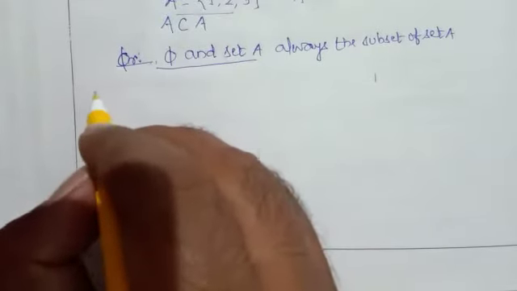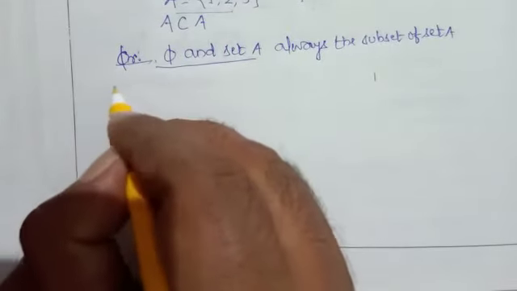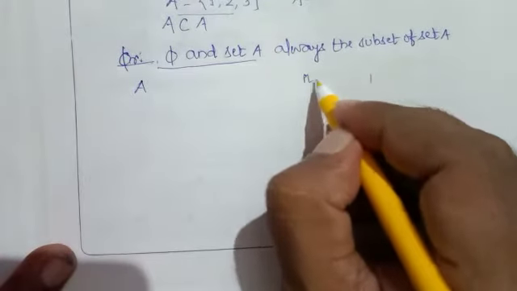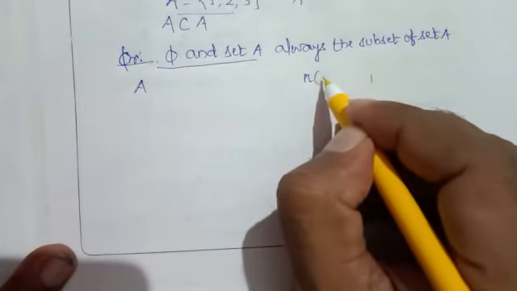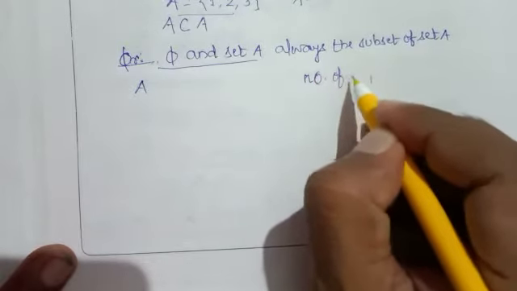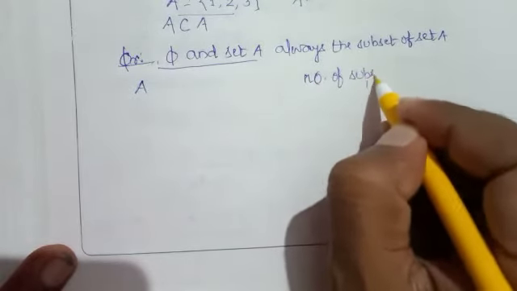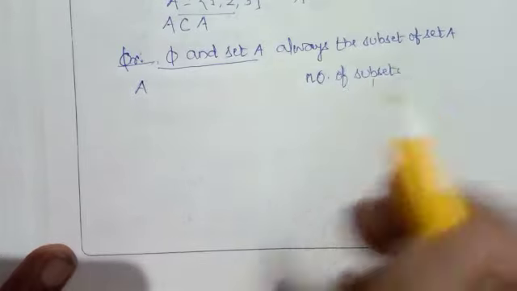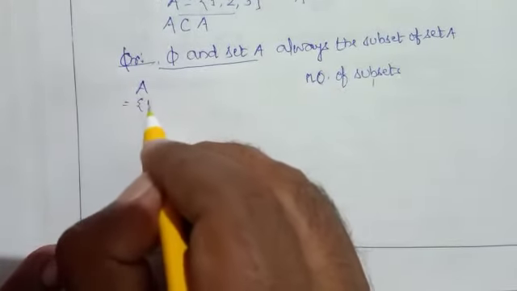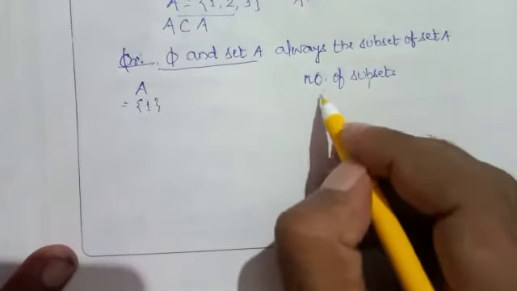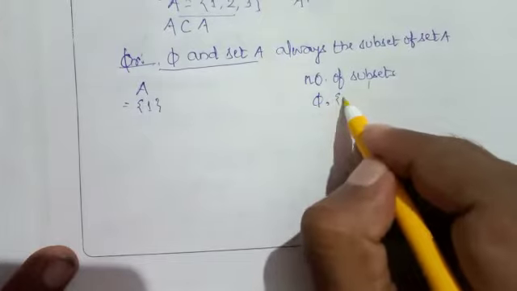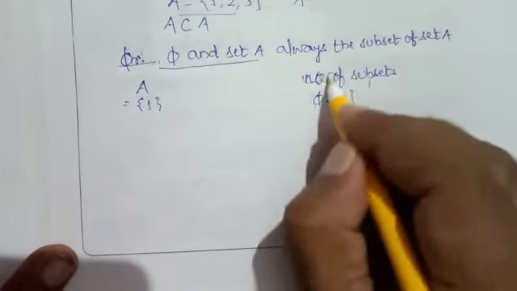See, suppose A is any set, and here we write down the number of subsets. We have just seen, suppose A is a set which has exactly one element. Then how many subsets? Phi and the whole set, that is the singleton set A. These are the subsets.